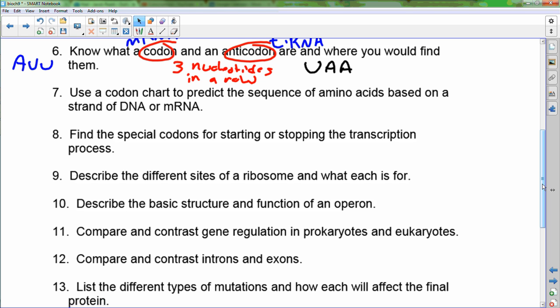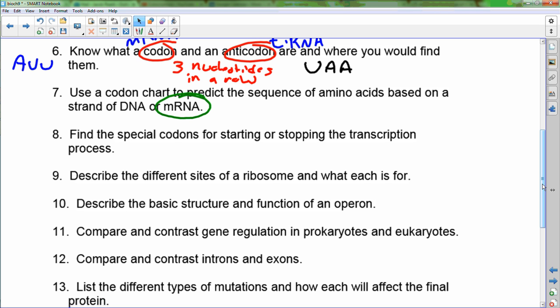Biggest thing here. Remember, both of those charts are based on the messenger RNA strand. So if I give you a chunk of DNA, if I say this is a DNA strand, or heck, I shouldn't even have to tell you because if you see T's in there, you know it has to be DNA. If I say what amino acids are going to come out of this, you have to transcribe that first.